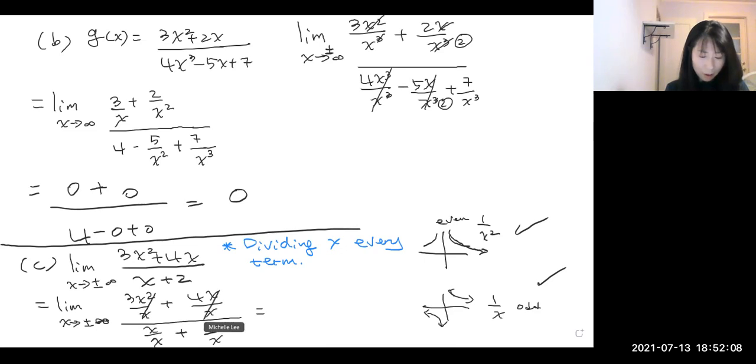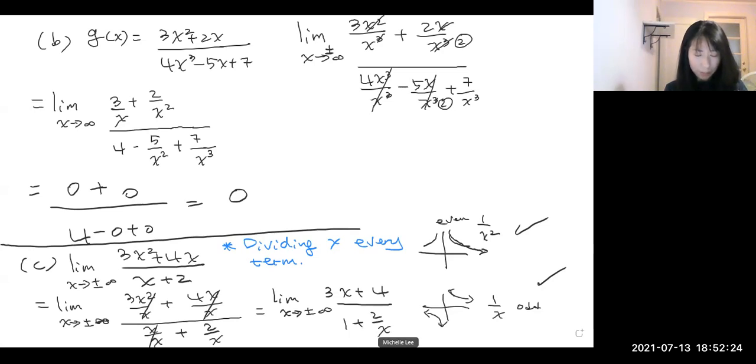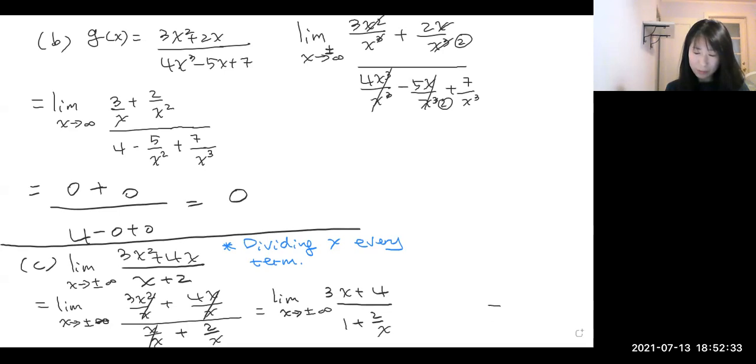Then look, we get 3x plus 4 over 1 plus 2 over x, right? Okay, so what can you see? What can you see in the first term?